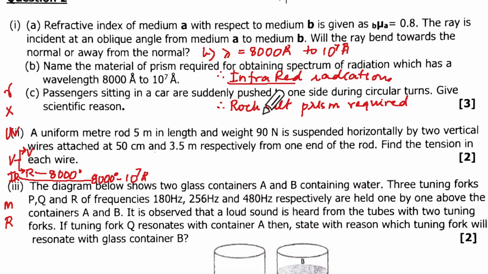So infrared, rock salt prism. These are the keywords. Understood how to write your answer. Sometimes they will ask you even here, give reason. Why do we use a rock salt prism? Because a rock salt prism does not absorb infrared radiations unlike a glass prism.